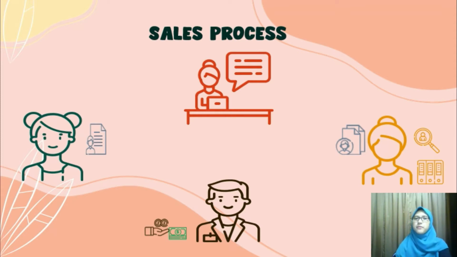But for the accounting department, they are the one who make sure that all of the transactions are recorded properly. So all of the transactions that are recorded by the departments, the accounting department will make sure that all of the transactions are recorded properly.